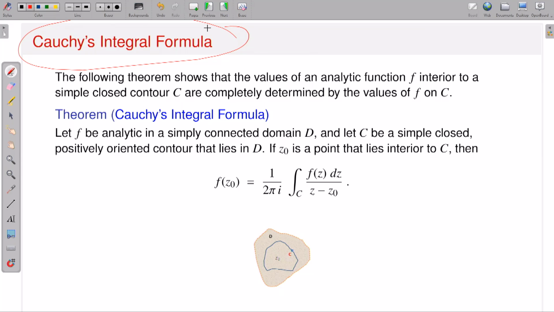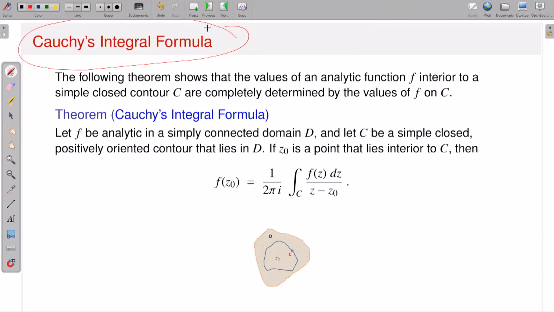If I say in one line, suppose I have a function f and a simply connected domain D, and I take a simple closed contour C sitting inside my domain D, and I consider a point which lies interior to the domain bounded by the simple closed contour C. Then Cauchy's integral formula says that I can have the value of my function at that point if I know the value of the function on the contour.